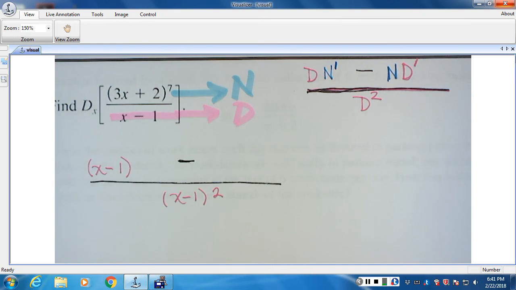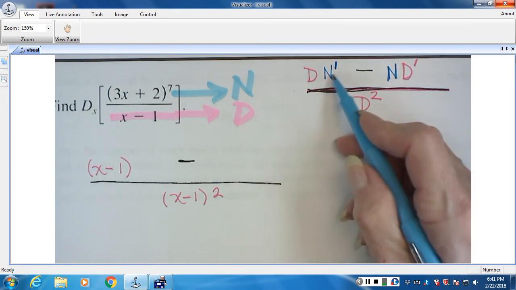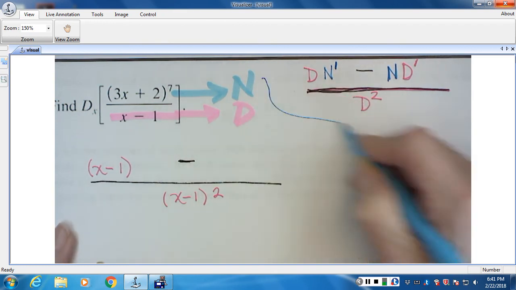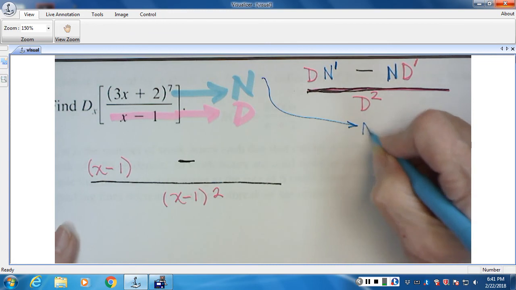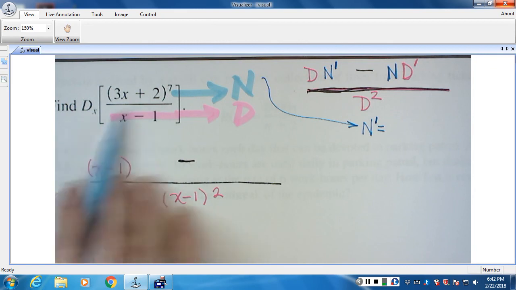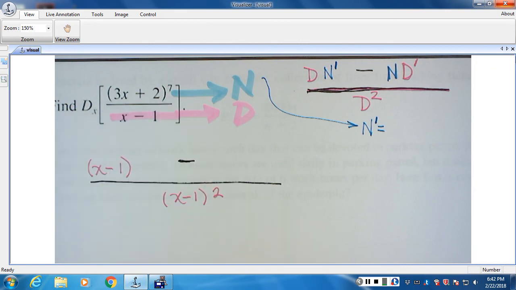But now I've hit a snag because I need to know what the derivative of the numerator is. So over here on the side, I need to find n prime. What kind of an expression is the numerator? What kind of a rule do we need to take the derivative of that numerator? You need your chain rule.